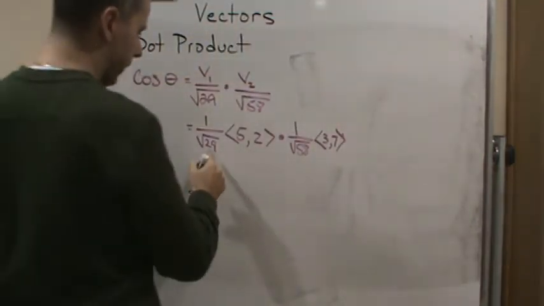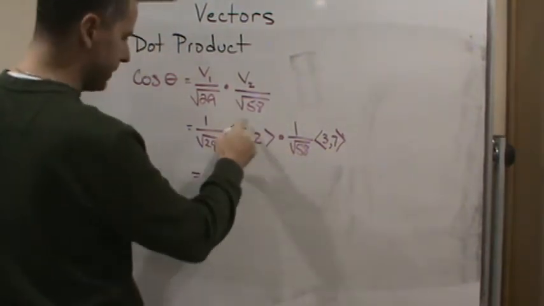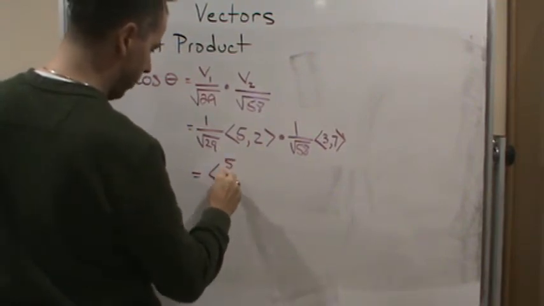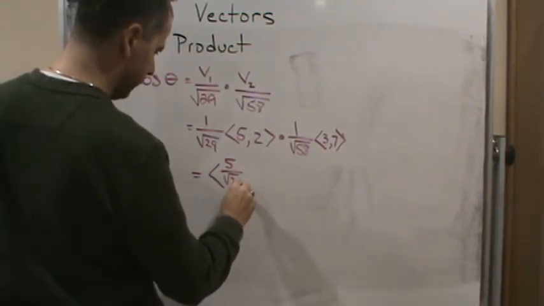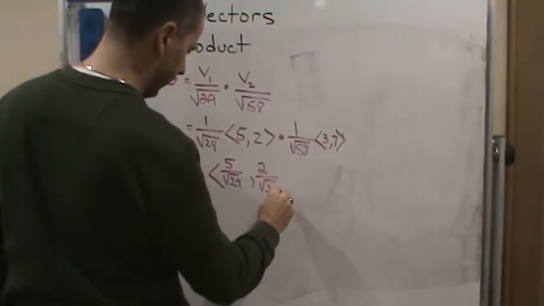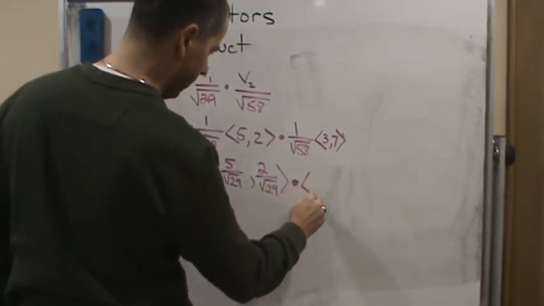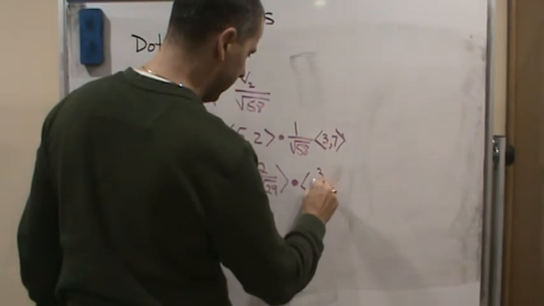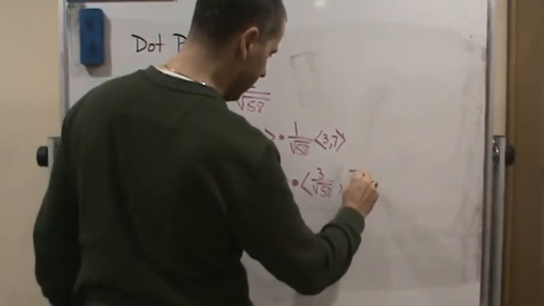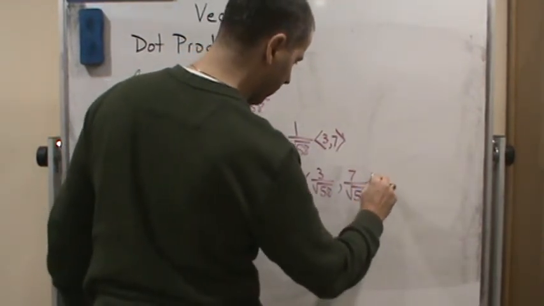So now I'm going to distribute these, and do my scalar multiplication. So this is going to become the dot product of 5 over the square root of 29, comma, 2 over the square root of 29, with 3 over the square root of 58, comma, 7 over the square root of 58.